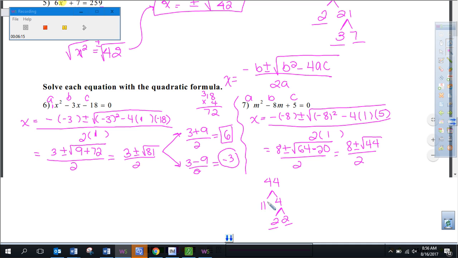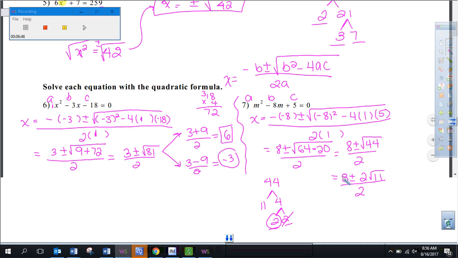The 11 will stay under the radical. So the square root of 44 is going to become 8 plus or minus, and a 2 comes out, because the square root of 4 is 2, and the 11 stays inside. So a 2 comes out, a 2 goes away, 11 stays inside the radical.